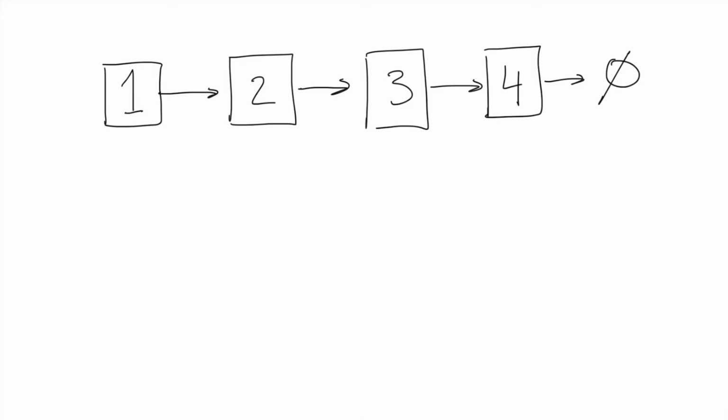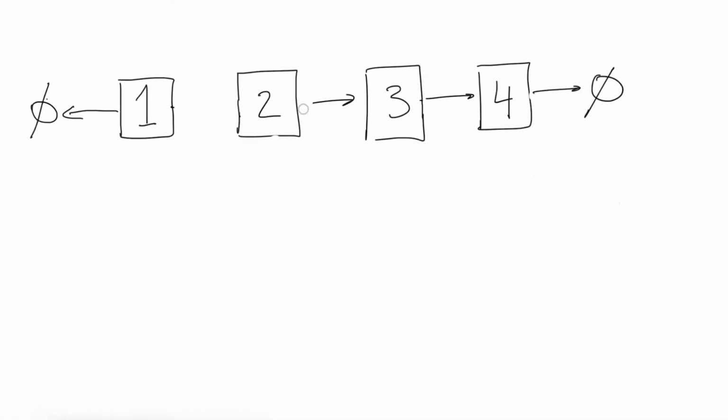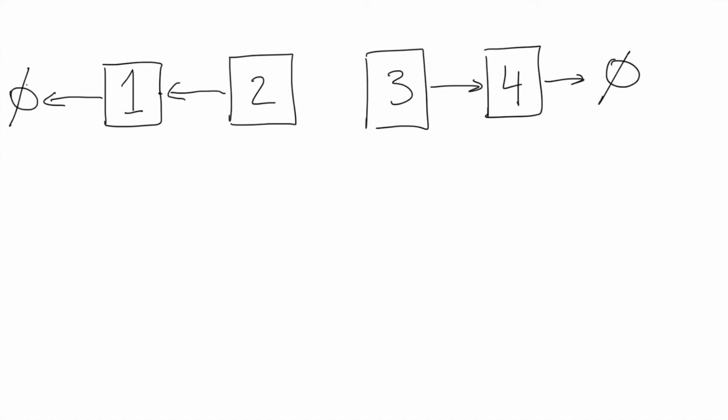Just to give a visual of what is happening, we're taking the next link and we are reversing it at each step. So then we'll remove the link from 2 to 3 and change it to be from 2 to 1. To go into more details, here, for example, when we arrive at 3, our current value will be equal to 3. Our previous value would be equal to 2. Then we set next to be equal to cur.next.